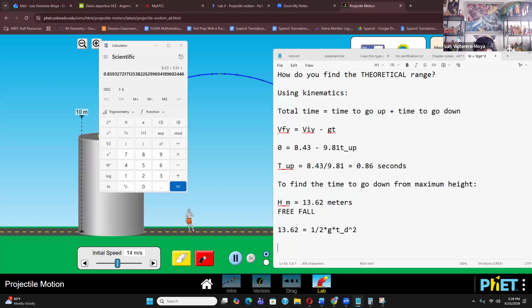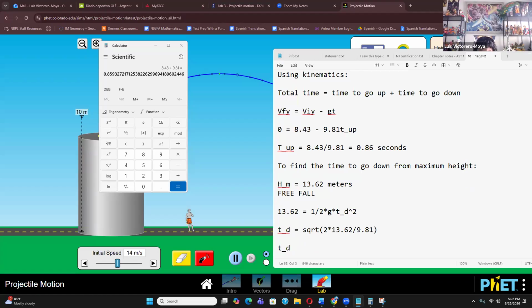So the time to go down is the square root of 2 times 13.62 divided by 9.81, which is gravity. That gives 1.67 seconds.